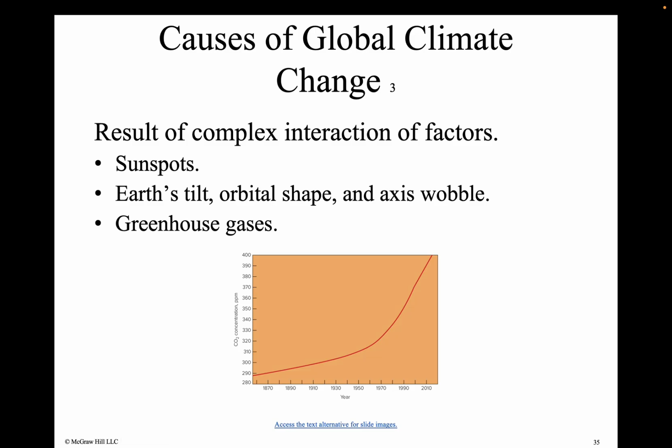Because all the solar energy that enters the Earth, part of that is absorbed and re-emitted back, and then the greenhouse gases will absorb and re-emit the energy back, so warming up the surface. But what we've been observing is that there is an increase in the concentration of these greenhouse gases, okay?